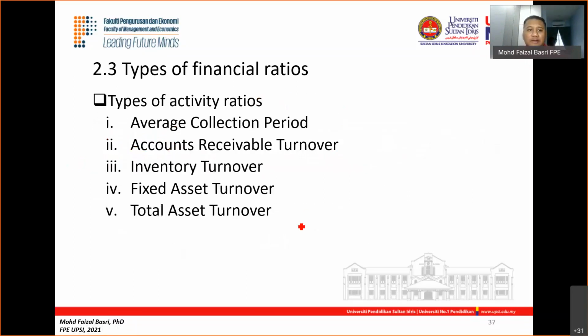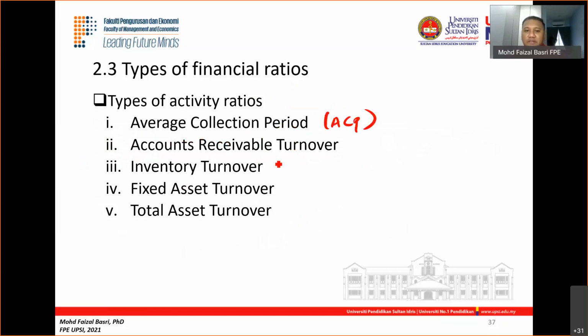So let's look at the types of ratios. Here we have another 5 types. We have the first one, average collection period, or in short, ACP.